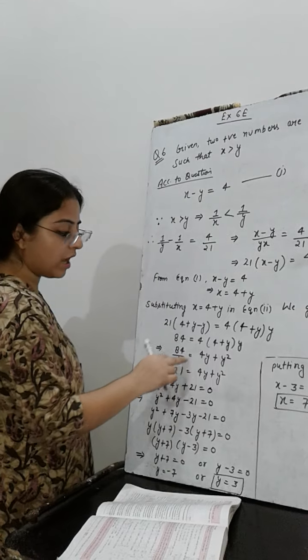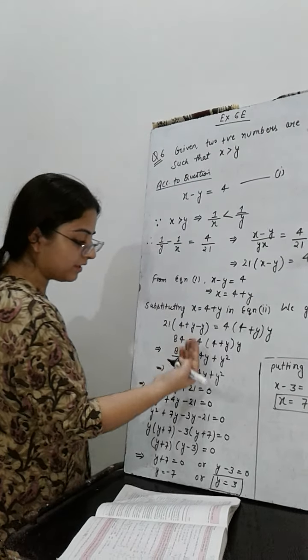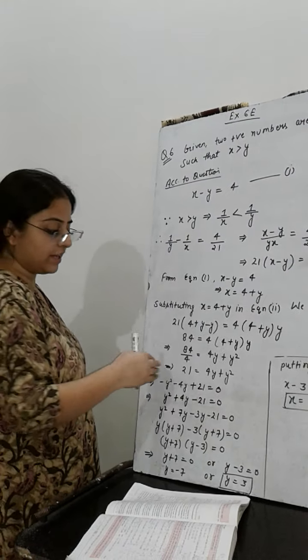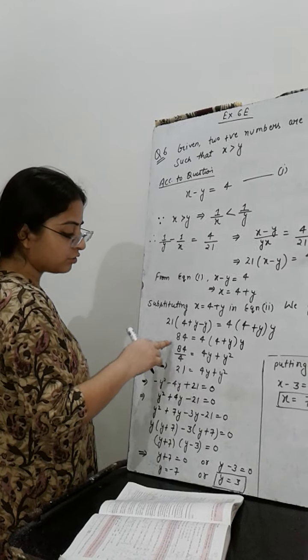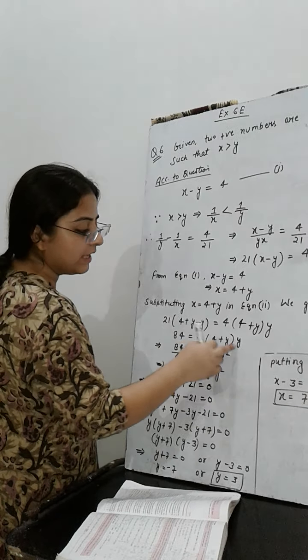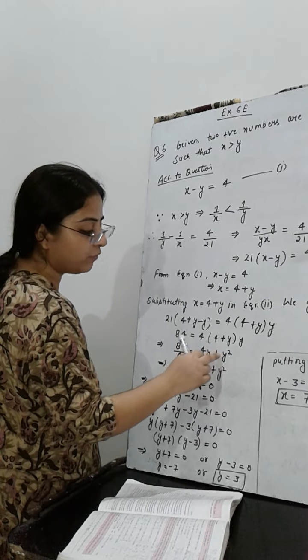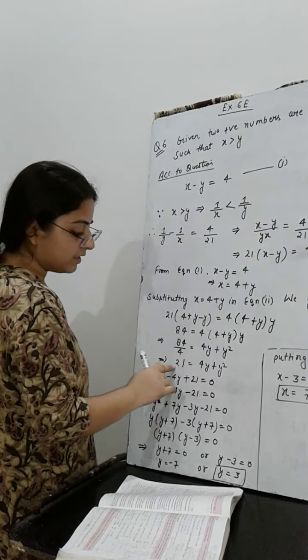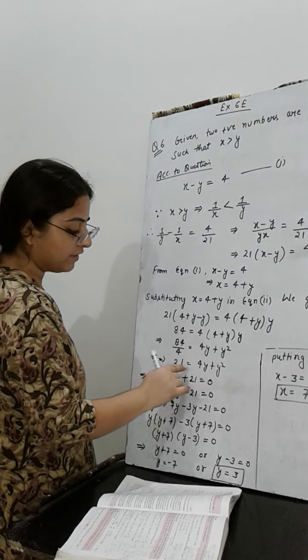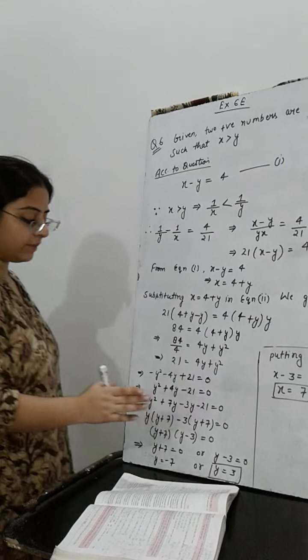Then this 4 will go down. यहाँ पे 4 का मल्टीप्लाई हो रहा है तो इक्वल टू के दूसरी तरफ जाने पे डिवाइड होगा 4 से. So 84/4 equals, inside the bracket we multiply y, then we will get 4y plus y into y, that is y square. इसको सॉल्व किए यहाँ से हमें मिला 21 equals 4y plus y square.